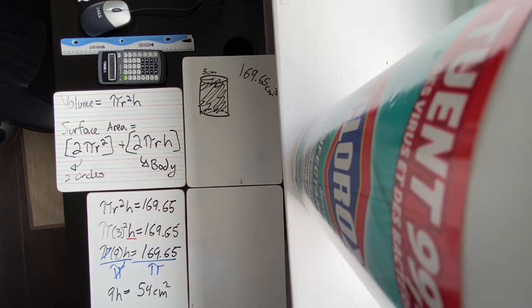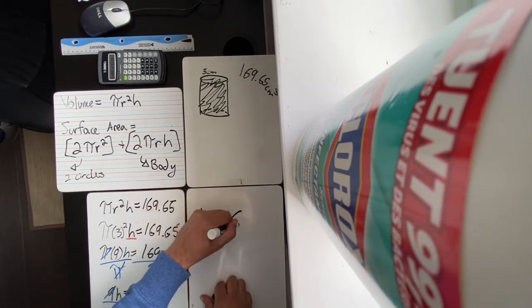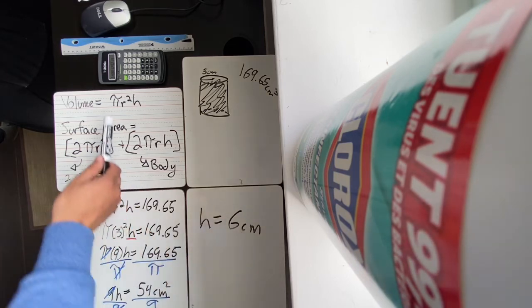So we still want to find our height here. We'll divide this side by 9 to get rid of it, which means we divide this side by 9. 54 divided by 9 is 6. So we know that h equals 6 centimeters. You can substitute this back into your equation to check your work.